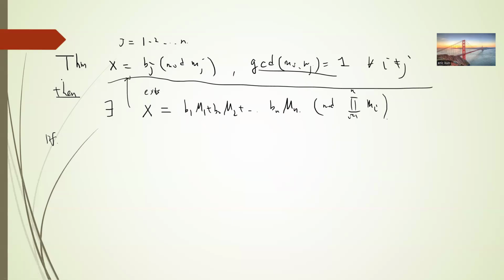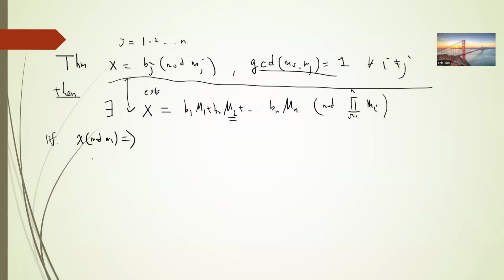So let's solve it. Let's say this is true. I write x modulo m1. And I hope that all the other N2 up to Nn are divisible by m1, right? And capital N1 should be 1 modulo m1, so that x modulo small m1 will be b1.